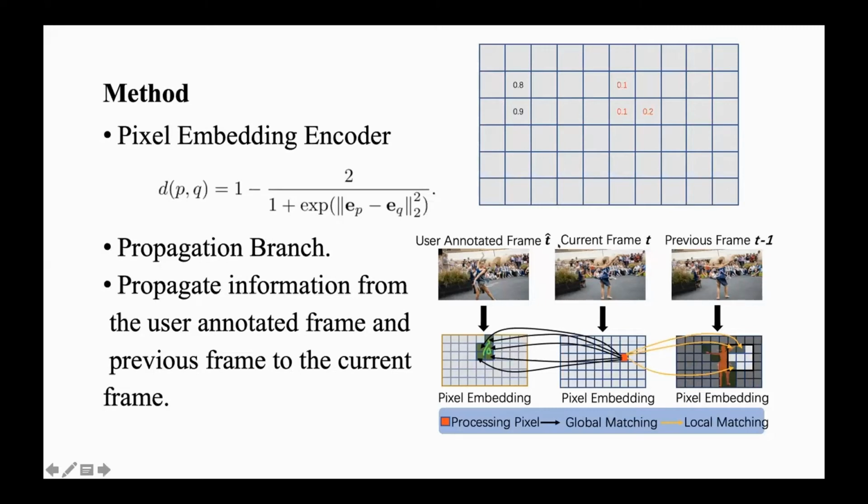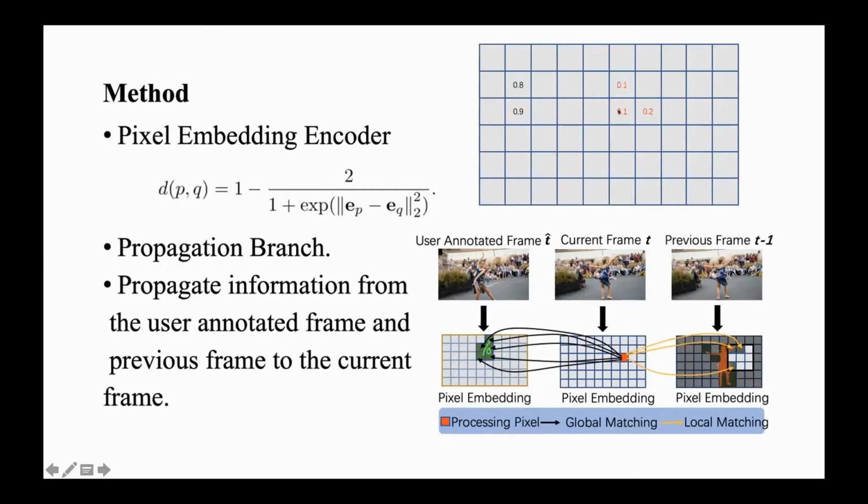For each pixel in the current frame, we can compute the distance between this pixel and the annotated pixels in the user annotated frame. We use the nearest neighbor distance as the number of the global matching map at this pixel location. For example, this map is a global matching map, and the number is small at this pixel location.